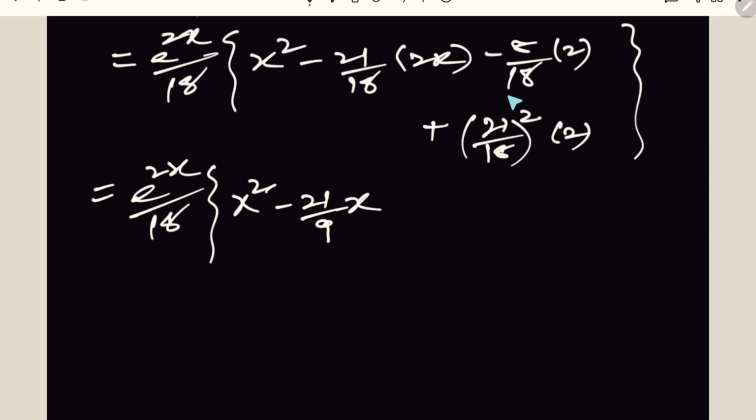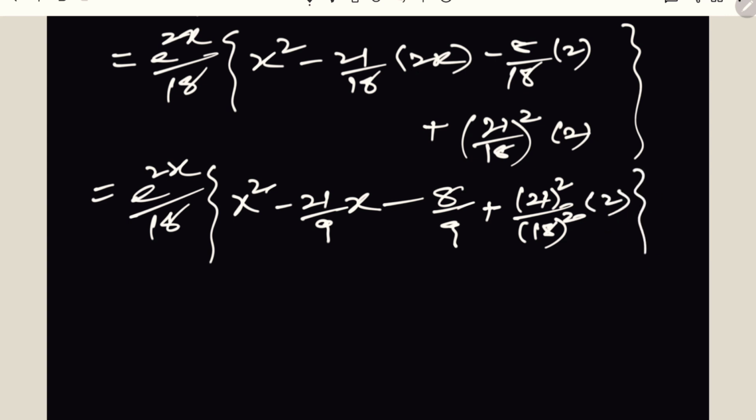Then dividing by 2 here also, minus 8 by 9 and plus 21 square by 18 square into 2. And we call this equation number 2 as PI.